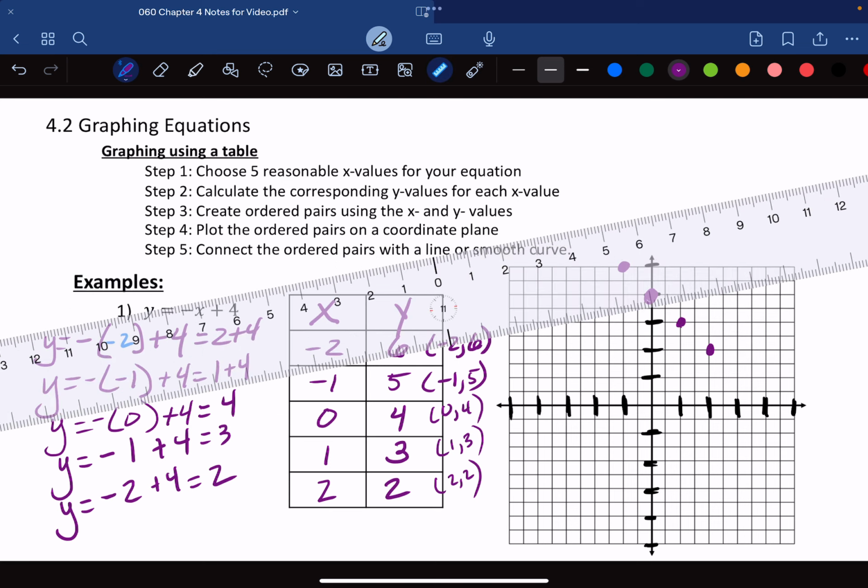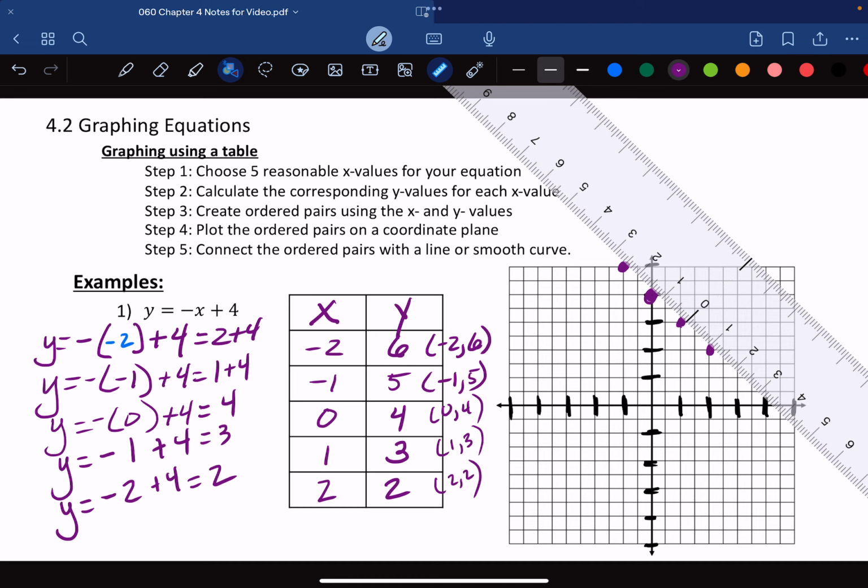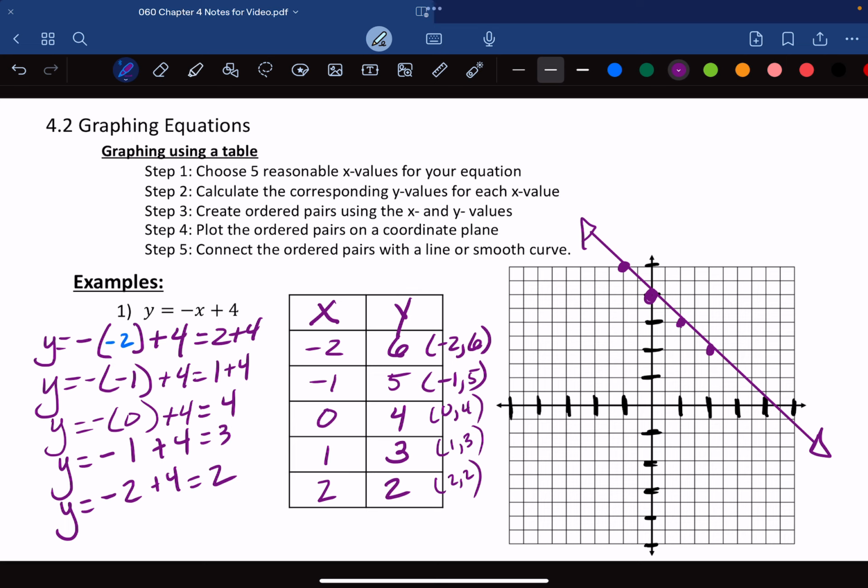And I'm fairly new to this digital ruler, so I've been practicing, but hopefully it worked. And then draw my arrows. Notice my line goes through and through. My coordinate plane starts on one end, goes through the other, has arrows on the ends, and that is my line.